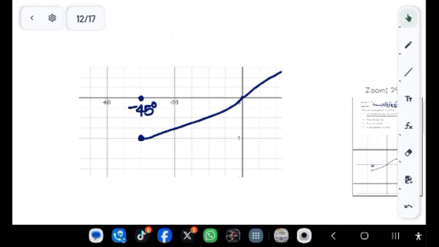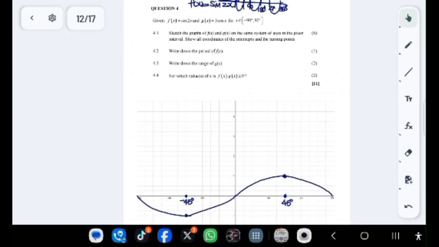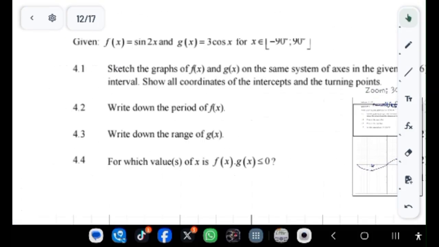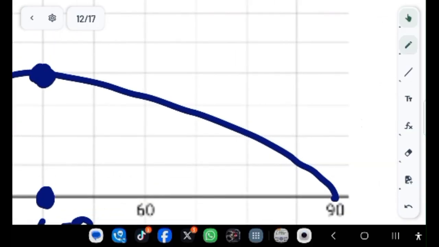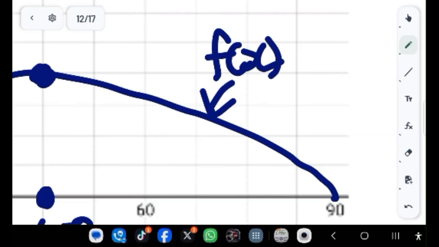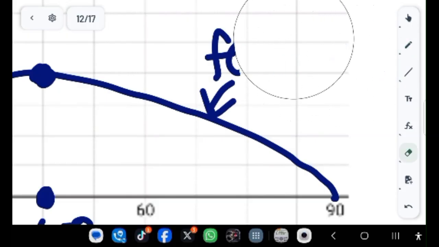Okay. And the other part will be, there we go. So that is the graph of y equals sine of 2x.